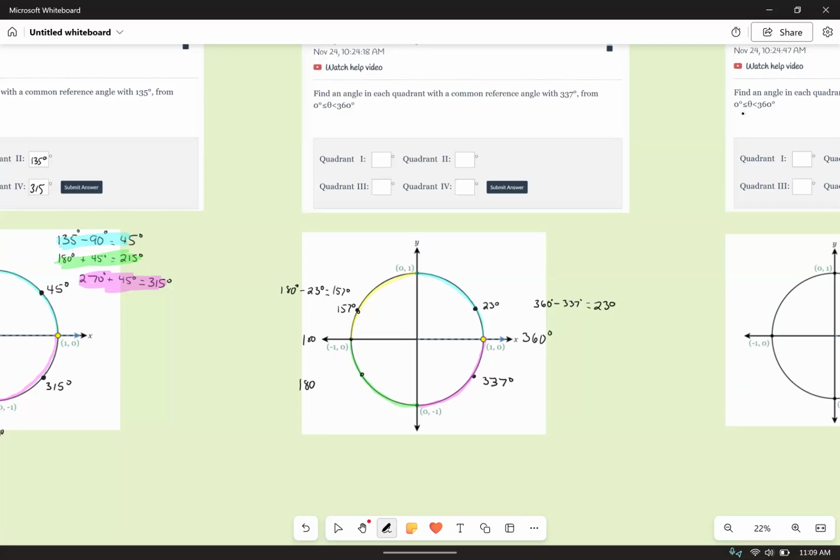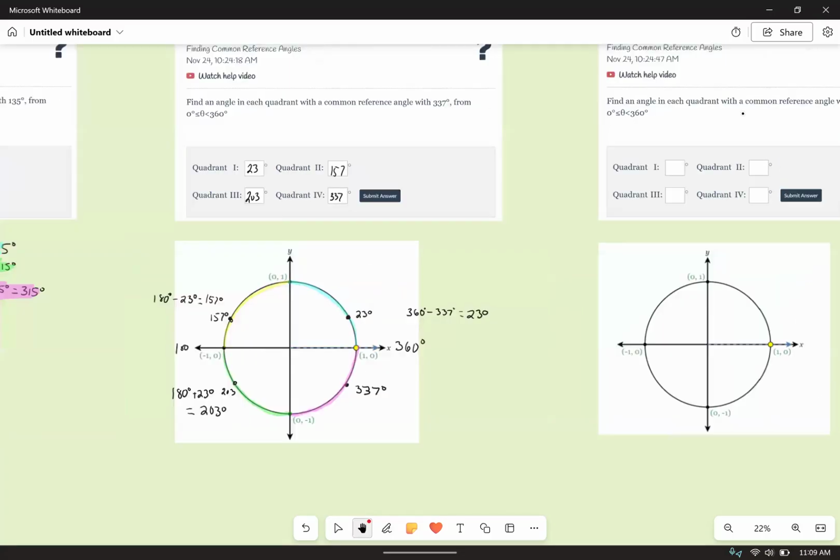So we'll do 180 plus 23 degrees, and when you put that together, that's going to be 203 degrees. So now we've got our four angles. Quadrant 1, it's 23 degrees. Quadrant 2, we've got 157 degrees. Quadrant 3, we've got 203 degrees. And quadrant 4, that's the original they gave us, that's 337 degrees.